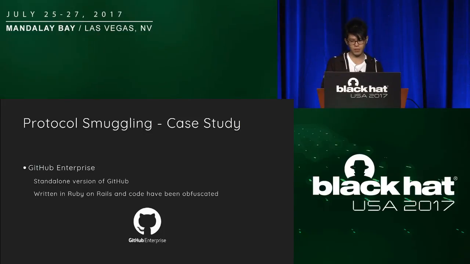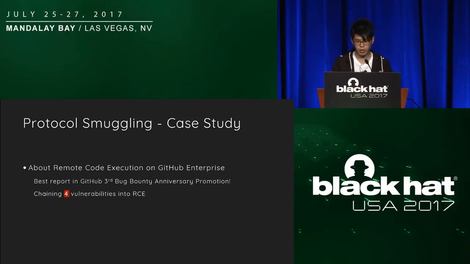The code base of GitHub Enterprise seems to be the same as github.com, and there is an environment variable that you can use to switch the mode from Enterprise to the .com version. So, if you want to study the security of GitHub, I highly recommend GitHub Enterprise to you.